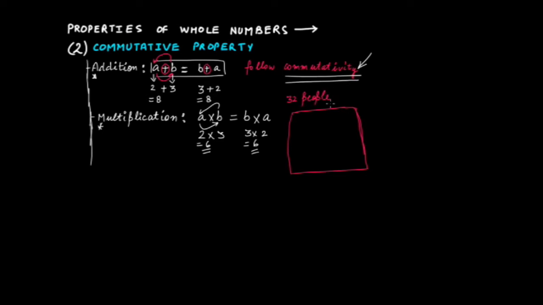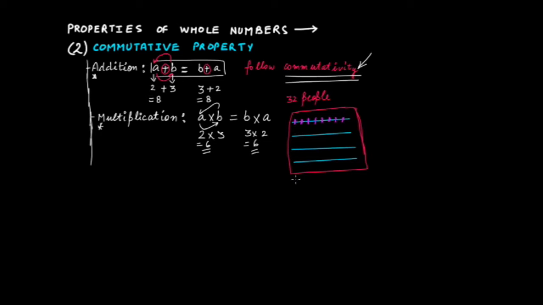You say, okay, what we can do is let's make 4 rows: 1 row, 2 row, 3 row, and 4 row. And in each row, let's put 8 chairs. So chair number 1, 2, 3, 4, 5, 6, 7, and 8. So in each row you put 8 chairs.